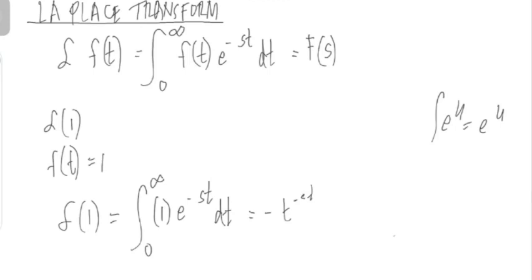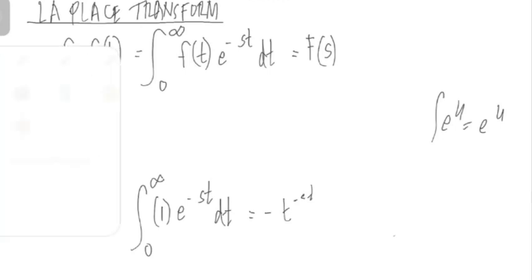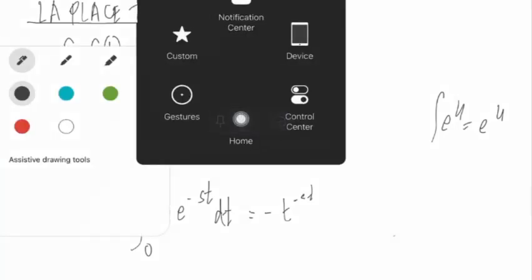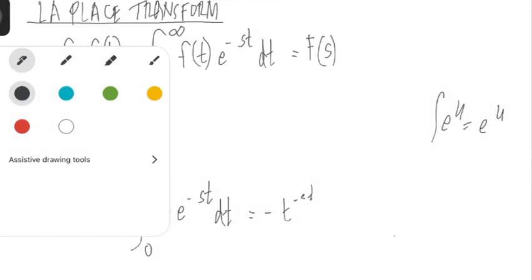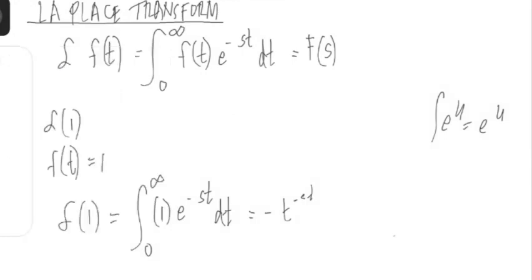Hindi. Negative e, sir. Hindi po negative t, sir. Negative e. Ganyan ba? E negative st? Yes, ganito po, sir.